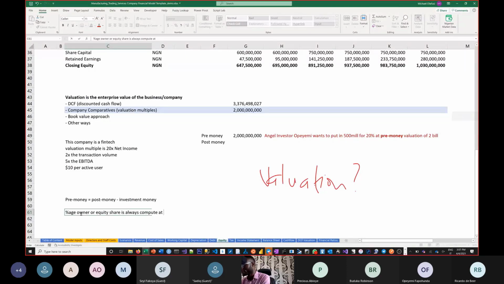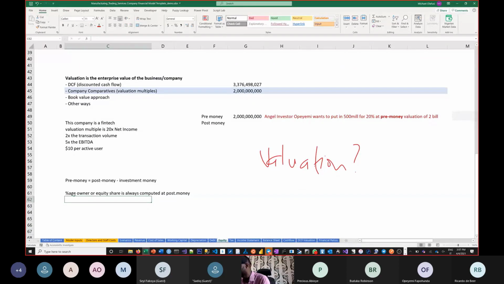So if you remember these two things, that's all there is to get the mathematics complete. So what that means is we always need to calculate the post-money, because that's how you will know how everything will end.